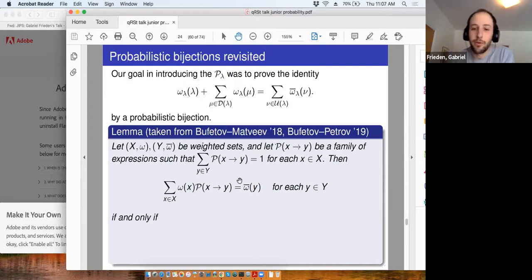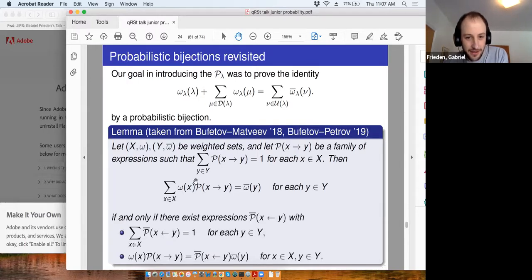Here's the idea. We wanted to define probabilities satisfying this property. But the trick is that this holds if and only if you can define backward probabilities that also sum to 1 and are compatible with the weights in this sense. I like to think of this as the inverse of the probabilistic bijection.